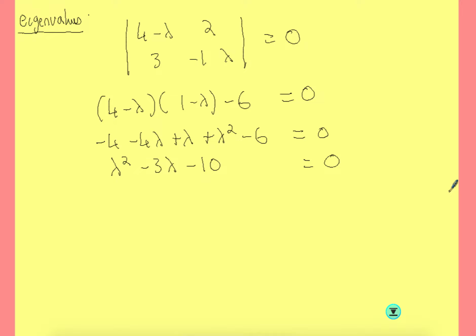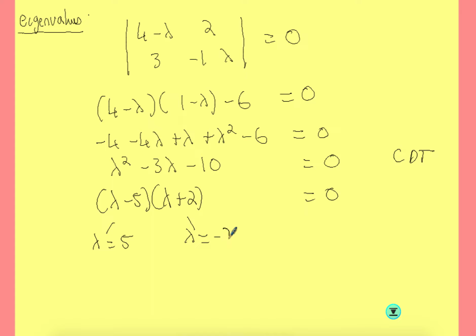Okay, now as always, 2 by 2 is so much easier than 3 by 3 because it's just a lovely little trinomial to factorise. So that's (lambda take away 5)(lambda plus 2) equal to 0. So lambda equals 5, and lambda equals negative 2. Right, so remember our diagonal matrix, in fact I'll call this lambda 1 and lambda 2 this time, it doesn't really matter.